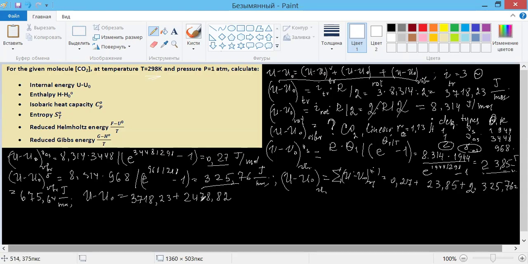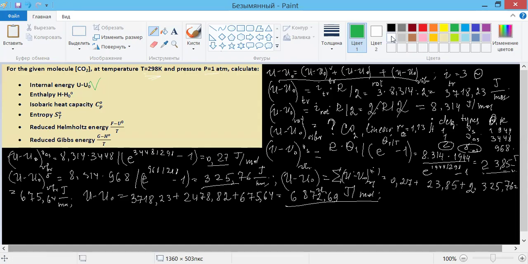It's equal to the rotary component of the internal energy, and we have just calculated the vibration component, which is equal to 675.64, and totally the internal energy under these conditions, this temperature and this pressure, equal to 6,872.69 joules per mole. This is the answer for the first question, and we can tick it.